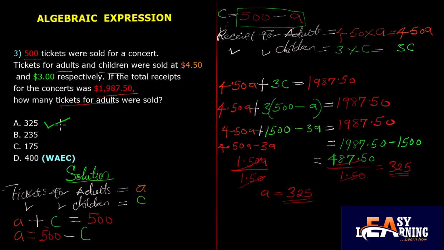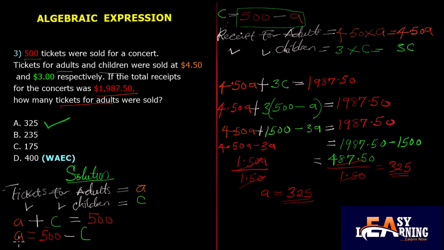Okay, so this was very, very simple. What we were asked to find in this question was the total numbers of tickets for adults. We were told that the total overall ticket is 1987. So what we simply did was bring out some values. Ticket for adult that we are asked to find is A. Ticket for children is C. We don't know any of these, but one thing that is sure is that if we add the total numbers of ticket for adults A to the total numbers of ticket for children, it will give us 500.